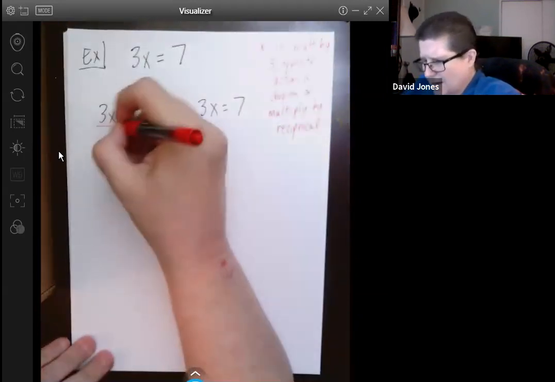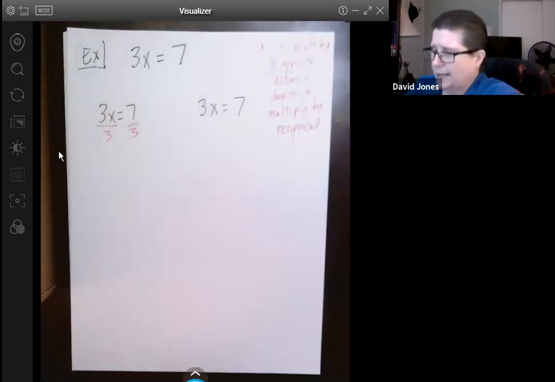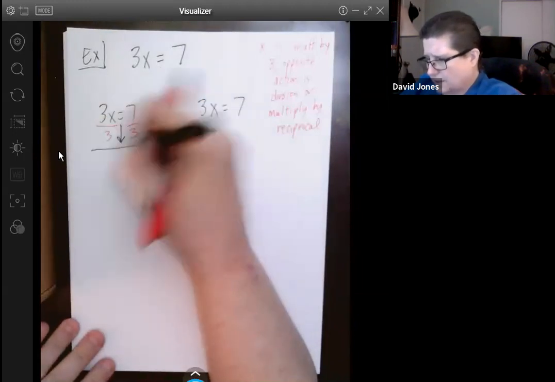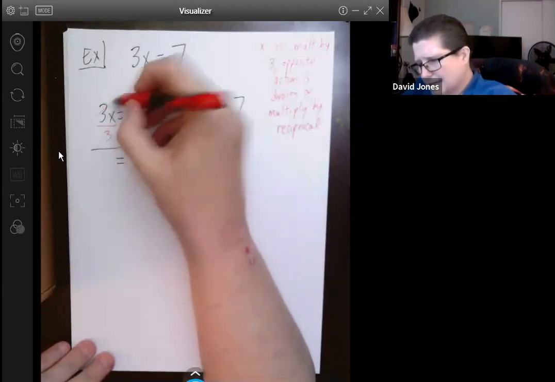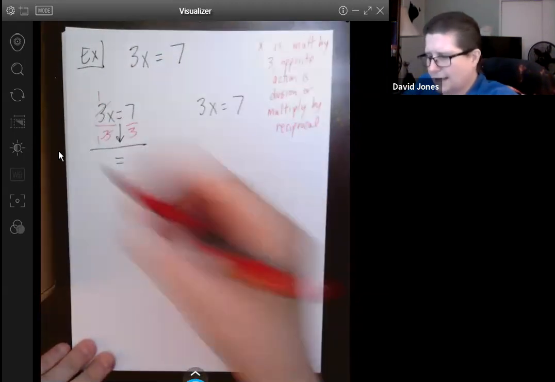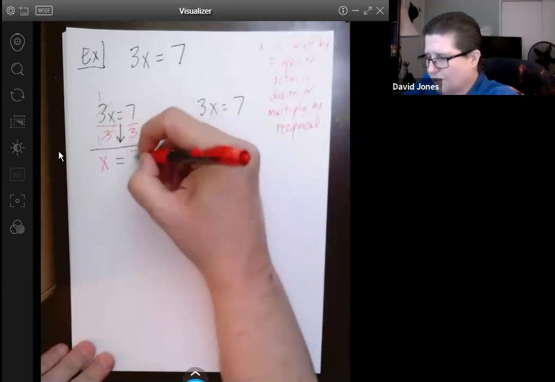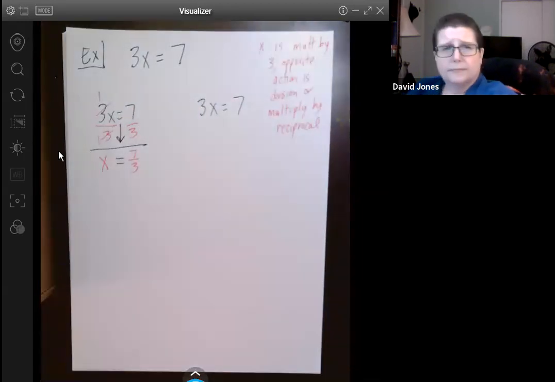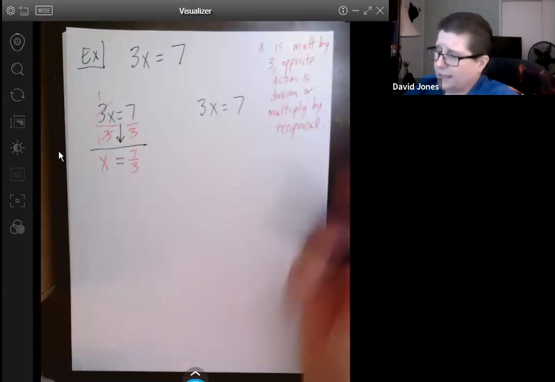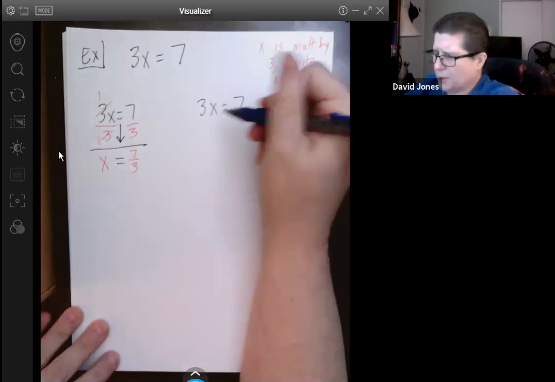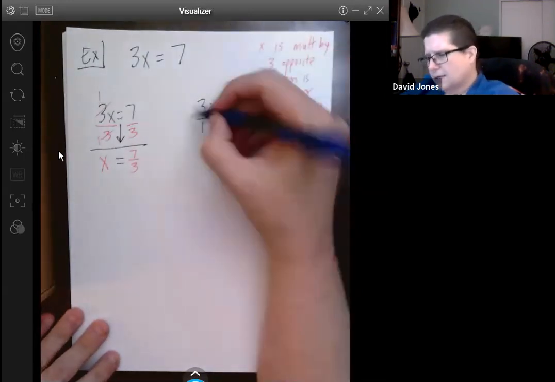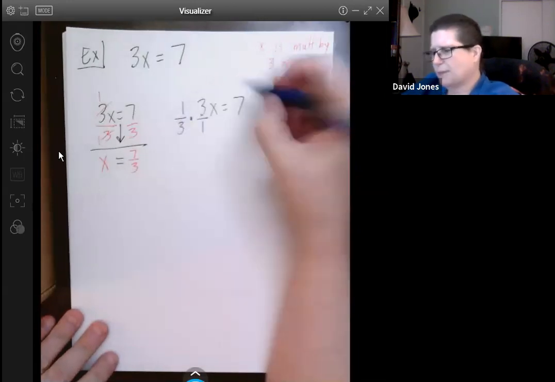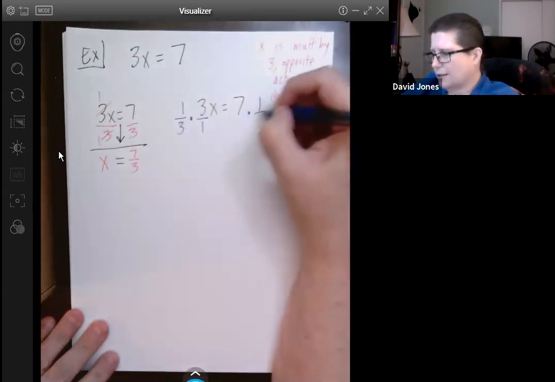If I divide both sides of the equation by 3, these cancel out and leave behind a 1, and I'm left with x equals 7 over 3. Alternatively, I can multiply by the reciprocal of 3. 3 is the same thing as 3 over 1, so I'm going to multiply both sides by that value upside down, 1/3.